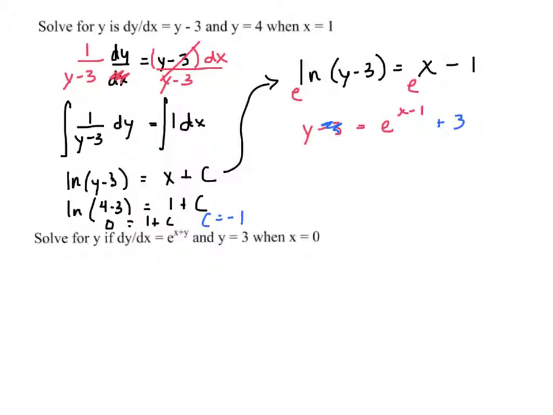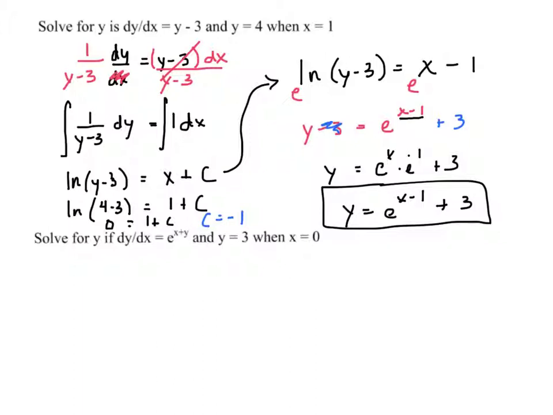This actually looks pretty darn good to me. You could also split this exponent up. You could have it be e to the x divided by e to the first, or you could write it as e to the x multiplied by e to the negative first. You could do that if you wanted to, but this doesn't actually look too bad. Right like that.